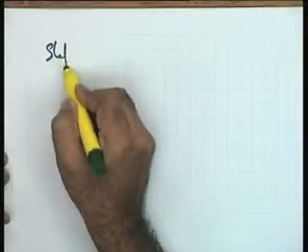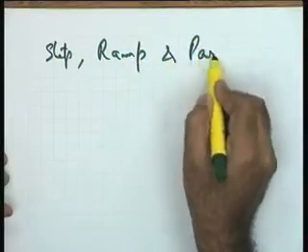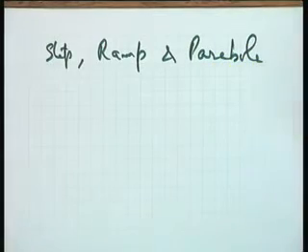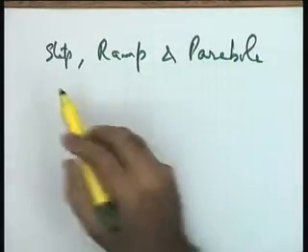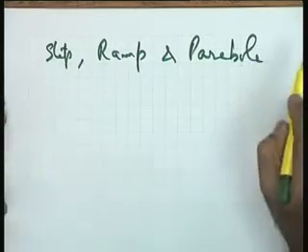You please see, I think at this point itself, let me explain this particular point. You have step, ramp and parabola. These are very general terms. These are the mathematical terms, you see, because the function is described mathematically by step, ramp or parabolic function.